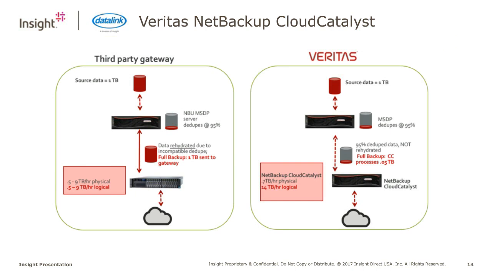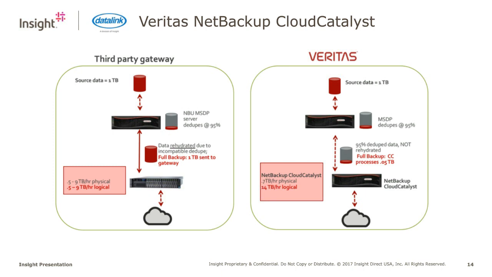As I mentioned, one of the differentiators is that NetBackup is able to use full optimized deduplication. If I compare that to a standard third-party gateway that is not Veritas, where we may have dedupe going to the appliance, because it is a different protocol, that data must be rehydrated before it lands on the Cloud Catalyst server and is then deduplicated to the cloud.